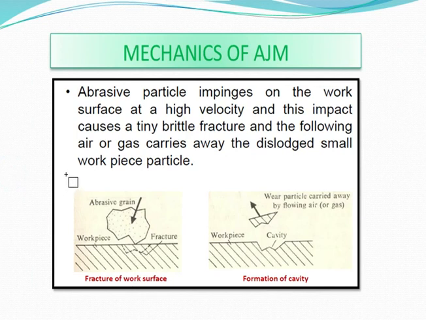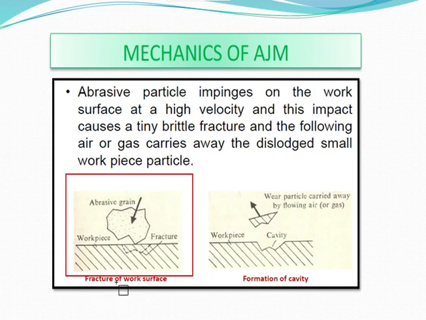If I go through this particular figure, here you can see fracture of the workpiece is occurring, and the abrasive grain is striking the workpiece material, and you can see the fracture is occurring in this way, and then this particular piece of material is getting removed, and you can see the cavity is generated.